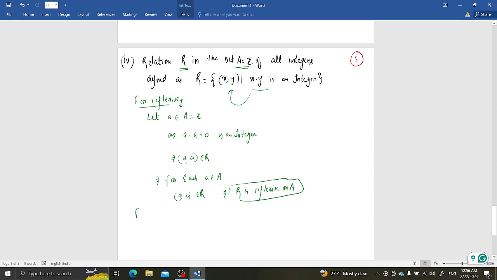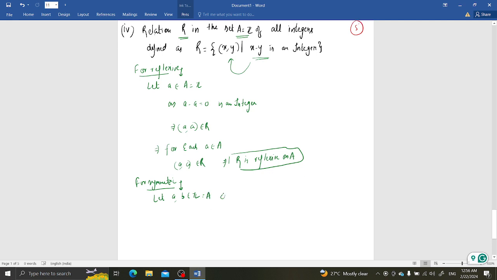Okay, now for symmetric, how we can write? Let, in general we can prove, A comma B belongs to Z, that is A, and what we need to assume also, A comma B belongs to R. So if A comma B belongs to R, what is the property? A minus B is an integer.